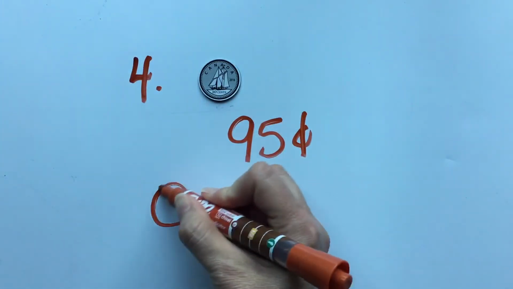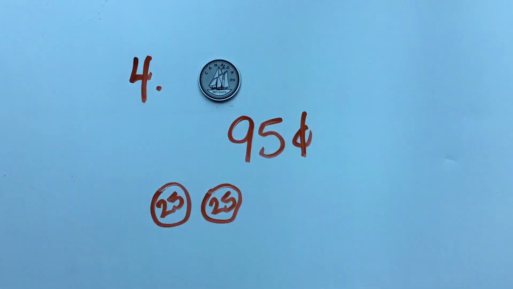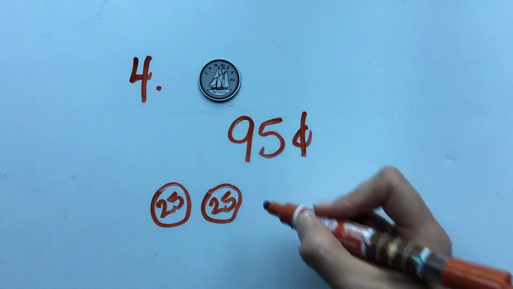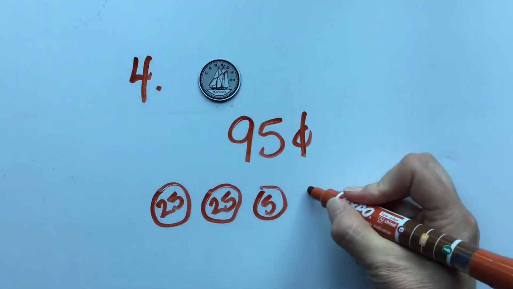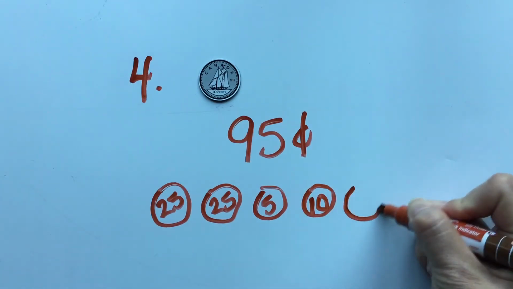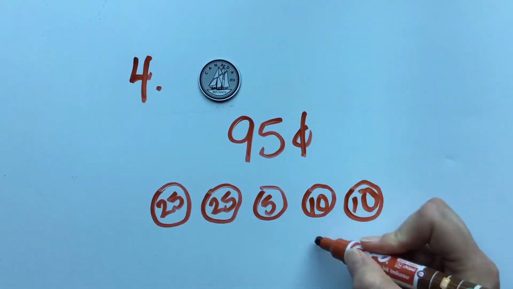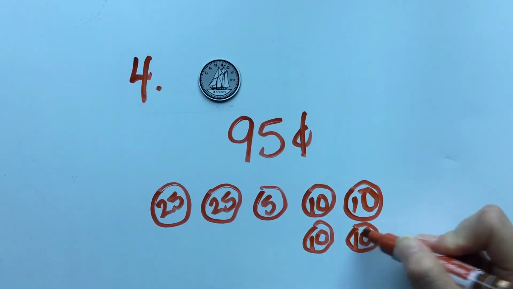Okay, let's say I have a quarter, another quarter, and let's go with a nickel. Well, our first job is to find out what do I have so far. Okay, 25, 50, 55. Well, let's start counting by 10 and see if we can get to 95. 65, 75, 85, 95.